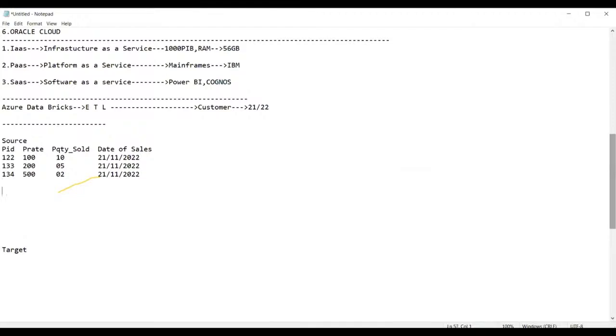So the 21st data is already recorded. Do we have the 22nd data? No, we will write the 22nd data. Simply, I'll copy this information and paste it here.